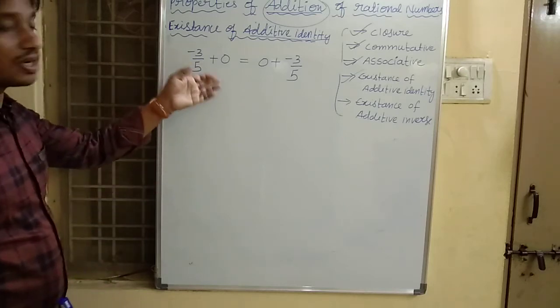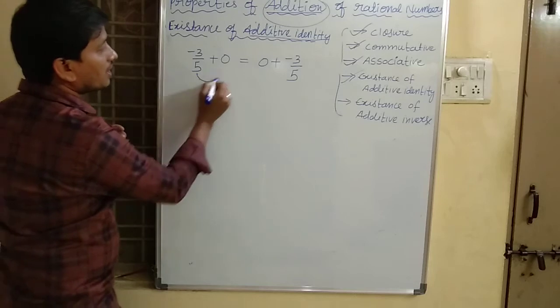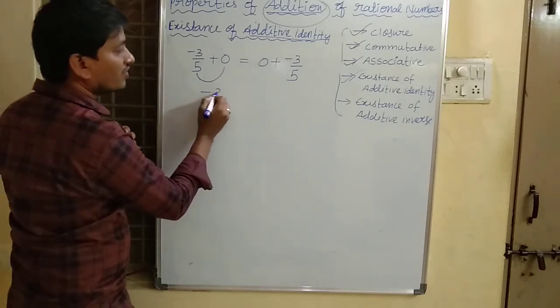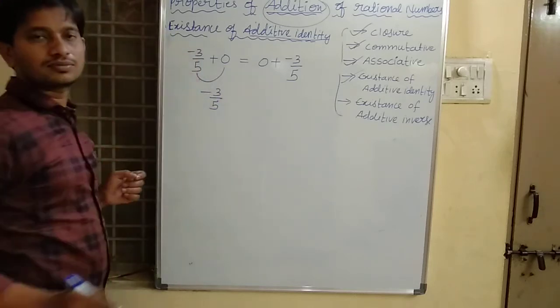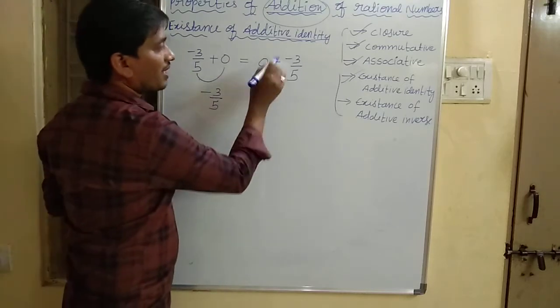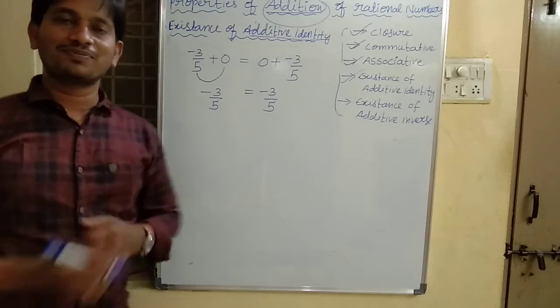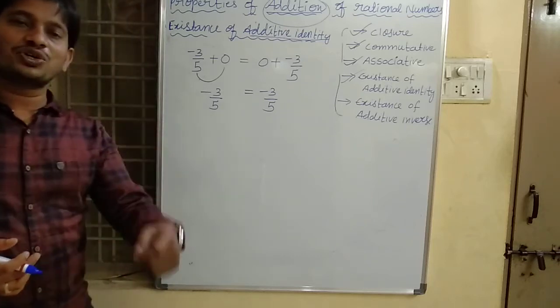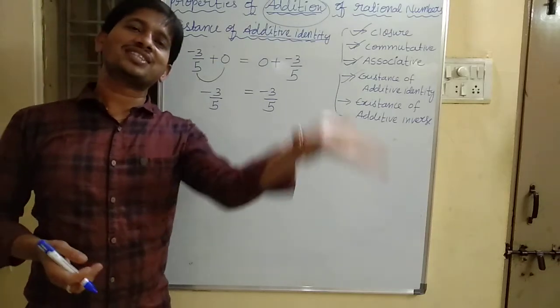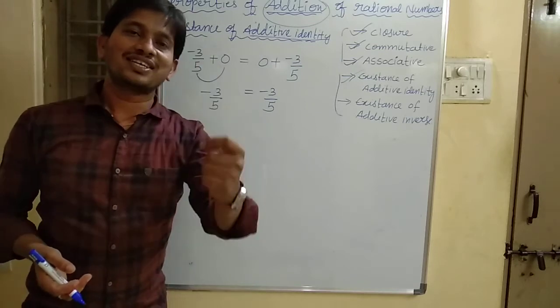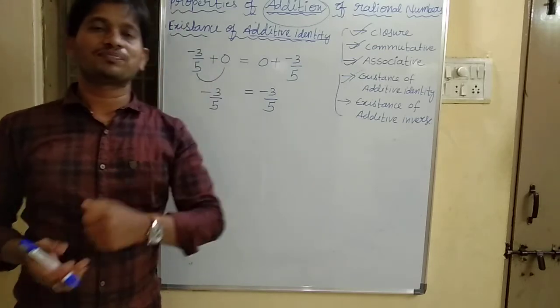I mean the rational number remains same. See, minus 3 by 5 plus 0 which is minus 3 by 5 only, and 0 plus minus 3 by 5 which is also minus 3 by 5 only. If you add 0 to any rational number or any rational number to 0, the rational number remains same.